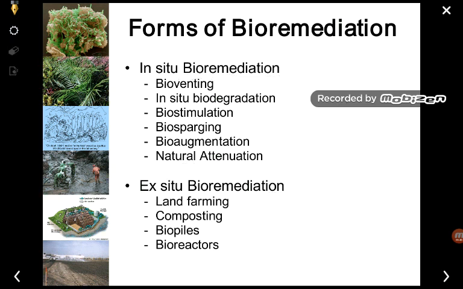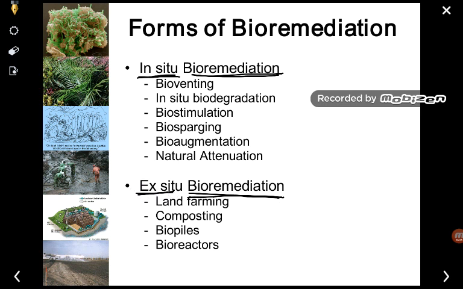So bioremediation can be seen in two forms, that is in situ bioremediation, when the technique is practiced on the site, and ex situ bioremediation, when it is practiced off site.